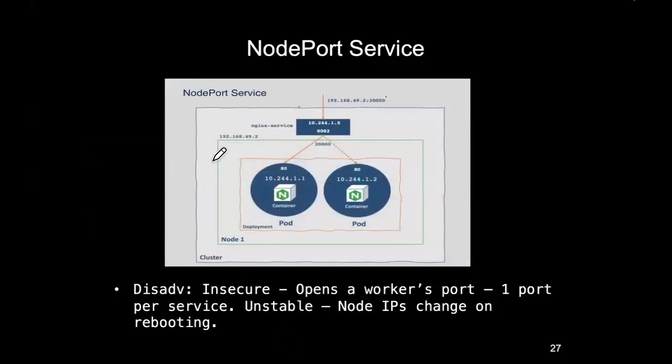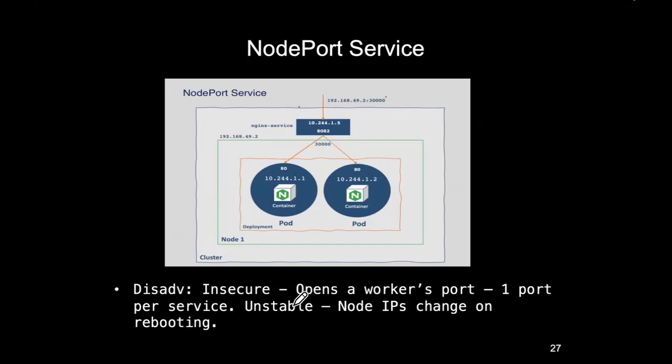The problem with this node port is that it's fine if you're debugging, and that's mainly what it's used for. You would not use a node port service type in production because it's insecure, right? You're opening up a TCP port of your worker nodes, so that's a security risk, obviously.